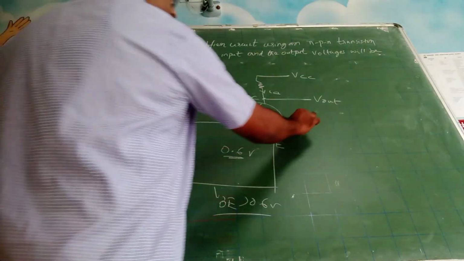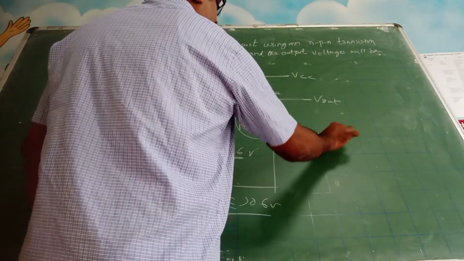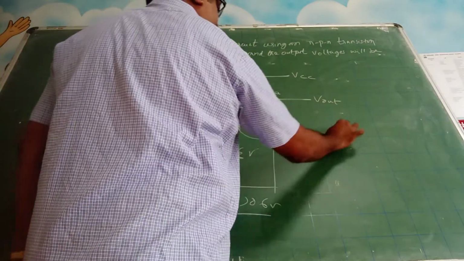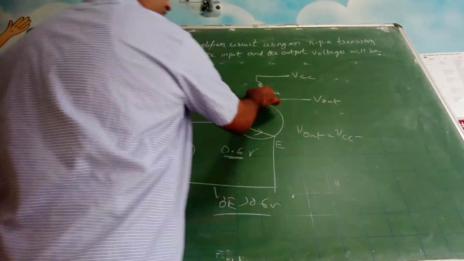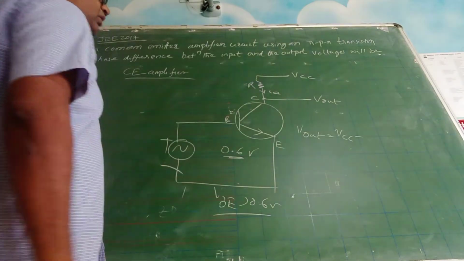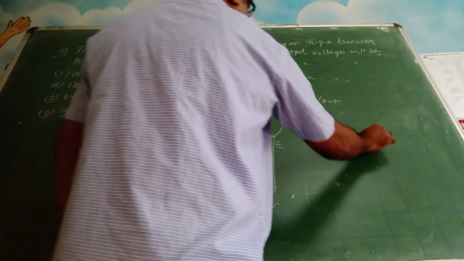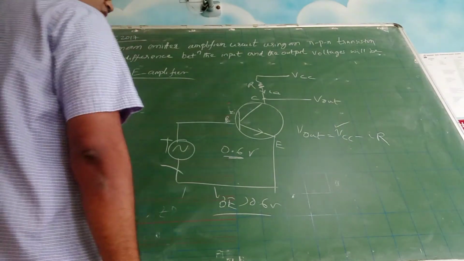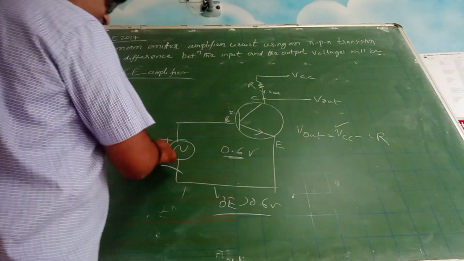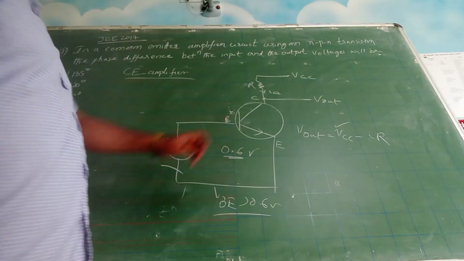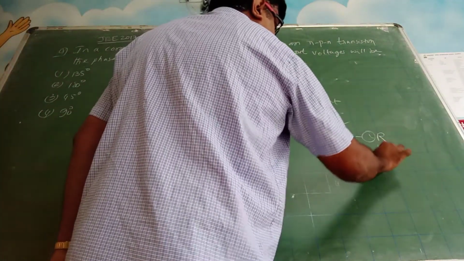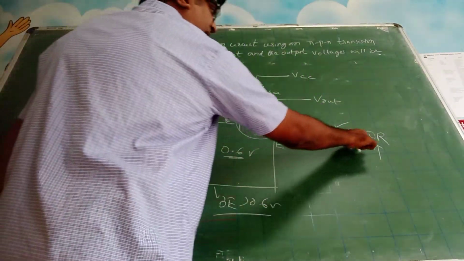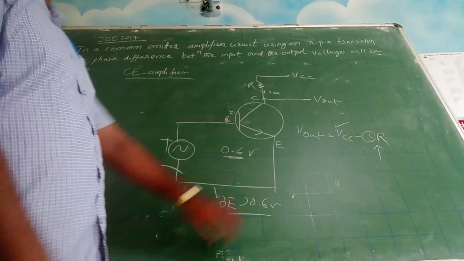So what is the V output now? V output is equal to VCC minus I into R, there is a load I have kept over here, minus IR. So VCC is constant. Okay. Now when you are increasing this input voltage, what is happening? This I value is increasing. That means minus of something is increasing. So this is fixed.